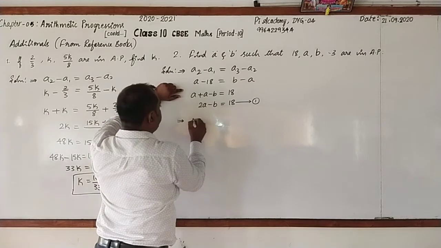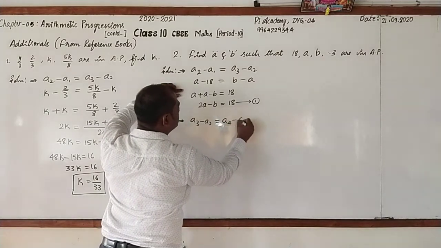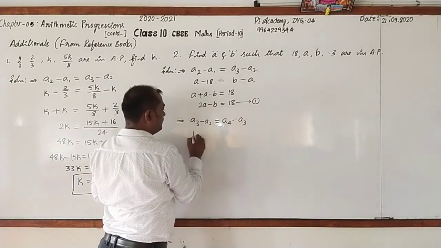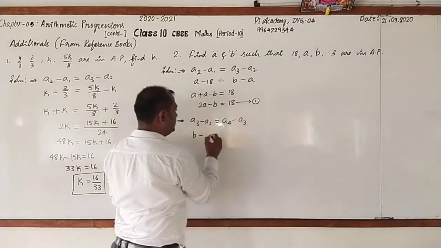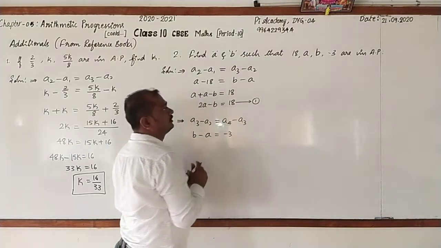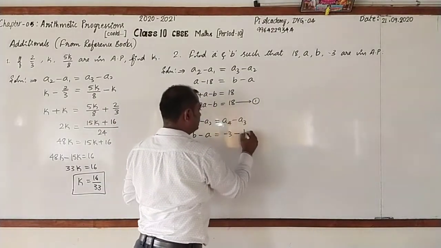This is A3 minus A2, which is equal to A4 minus A3. What is A3? That is b, minus A2, a, is equal to A4, which is minus 3, minus A3, which is b.